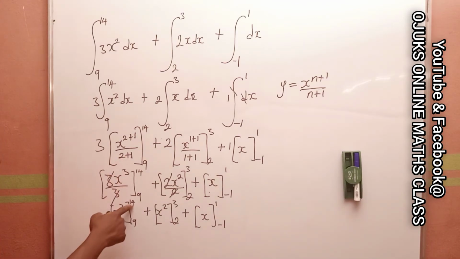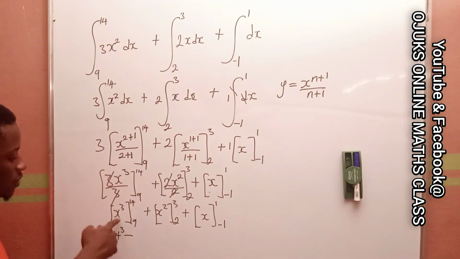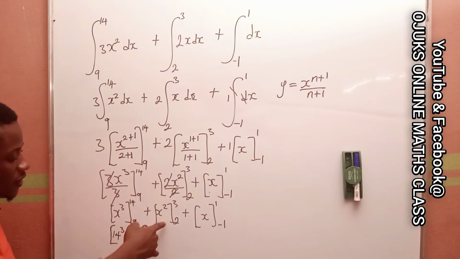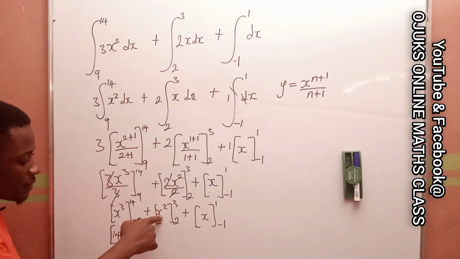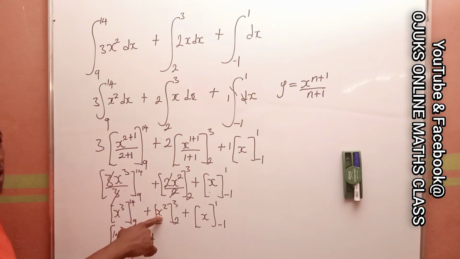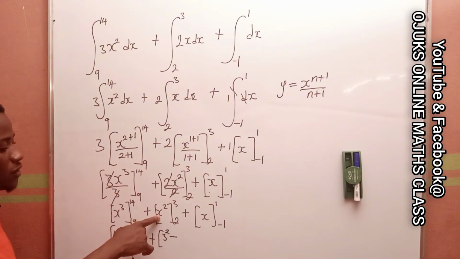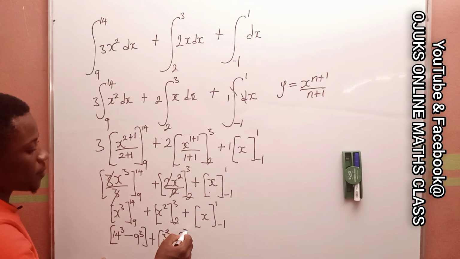So when we do that, we substitute x for 14, we'll have 14 raised to power 3, minus, we substitute this same x for 9, 9 raised to power 3. Then plus, the same thing goes there: 3, which is the upper limit, substituted for x, we'll have 3 raised to power 2, minus 2, which is the lower limit, substituted for x, we're having 2 raised to power 2.